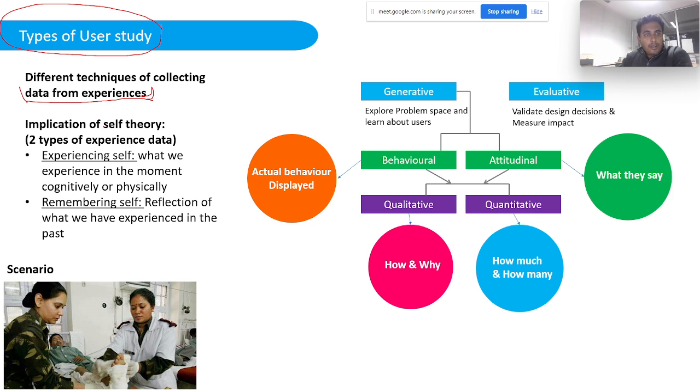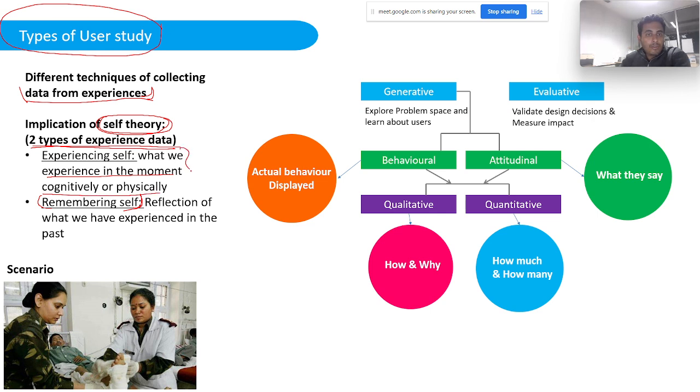What we have is something called self theory, and we have two types of experience data based on that theory. One is the experiencing self, the other is the remembering self. The experiencing self means what we experience in a moment, cognitively as well as physically.